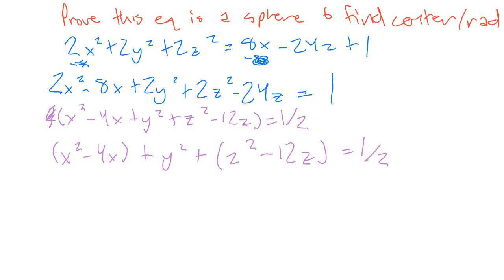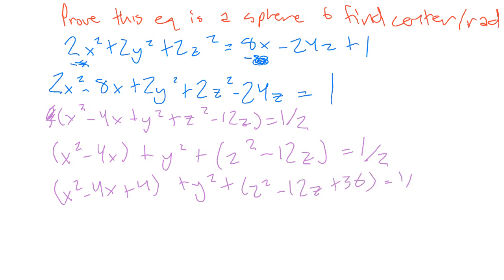We're not quite in our form where we can say x minus h squared or z minus l squared, but we can complete the square for both of these. So we get x squared minus 4x plus 4 plus y squared plus z squared minus 12z plus 36 equals 1/2 plus 4 plus 36.